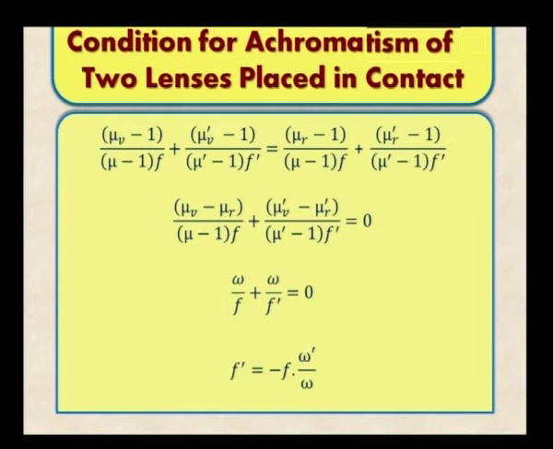Or in other words, f prime should be equal to minus f into omega prime by omega. F prime, the focal length of the second lens, should be minus of the focal length of the first lens. What do you mean by this expression? That means, if one is the focal length of the convex lens, the other should be minus, which means it is biconcave.